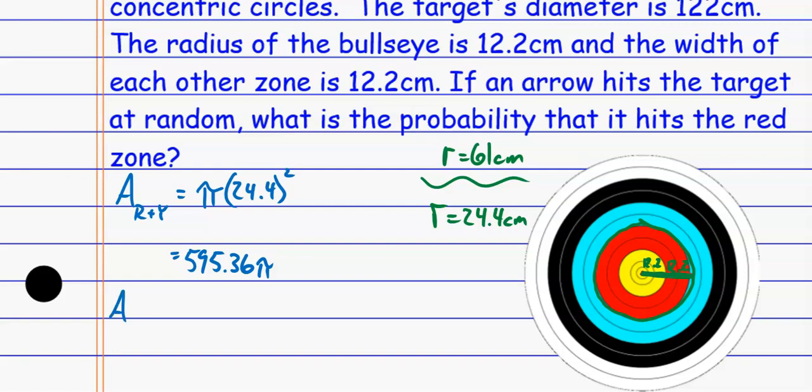I also need to subtract the yellow circle from that in order to get just the red area. So let's find the area of the yellow circle: pi r squared. Again, that's just work for my calculator to do.